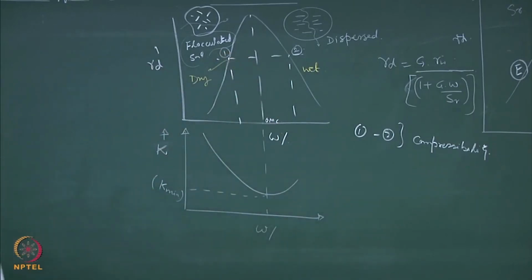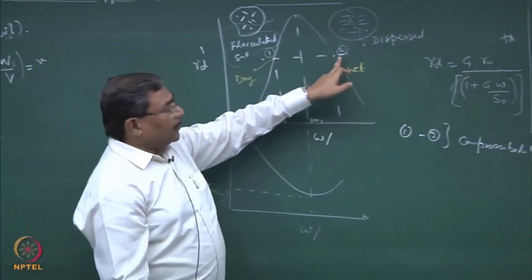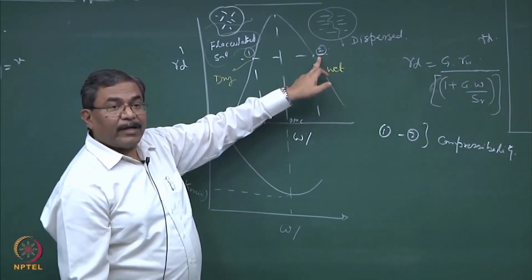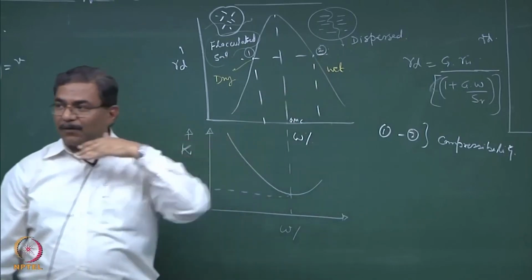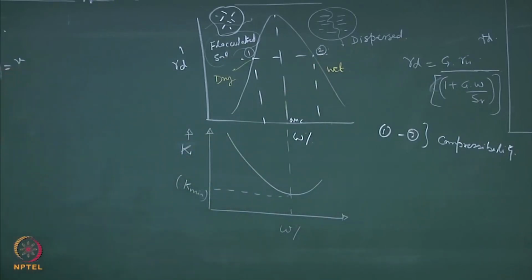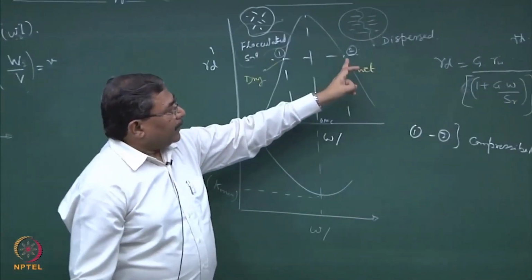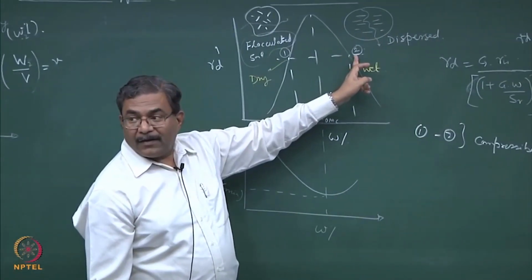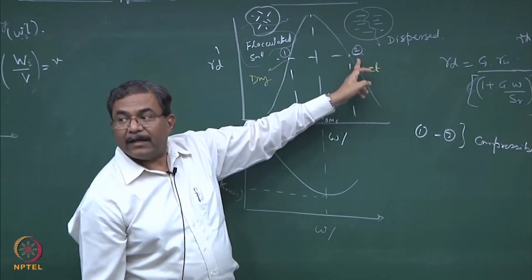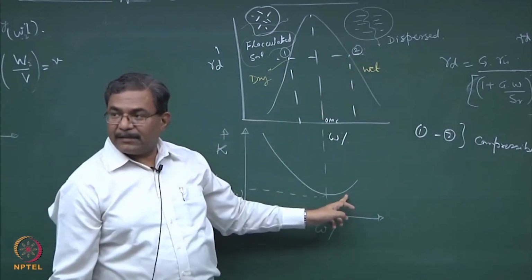Now, the logic says wherever the water logging is going to take place, like earthen dams, where you do not want water to percolate through the compacted soil mass easily, because that is the whole idea, I should be compacting the material at gamma d wet. Why? Because the hydraulic conductivity is less.